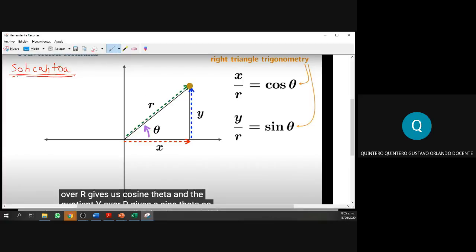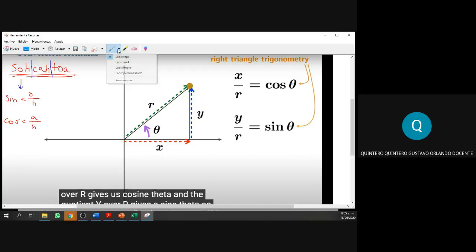Now, in case you don't remember, I am going to explain what this is. SOHCAHTOA is divided in 3 parts. The first part, the SOH part, lets us know that the sine of the angle is the opposite side over the hypotenuse. The next one, the CAH part, lets us know that the cosine is equal to the adjacent over the hypotenuse.